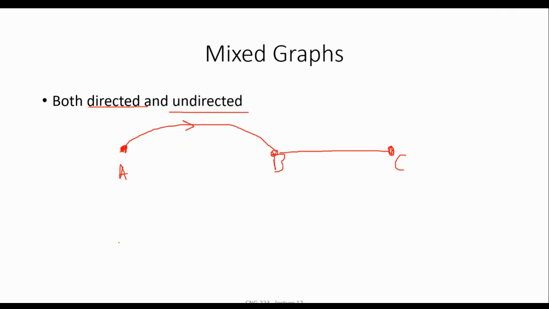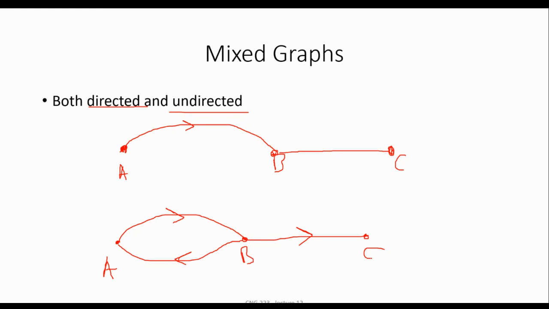And also, you can show graphs like this. This one is not a mixed graph, because all of the edges are arrows and they show which direction you should go.